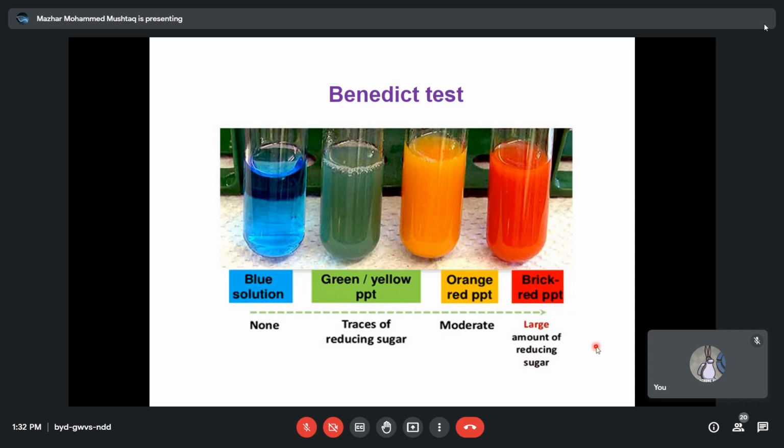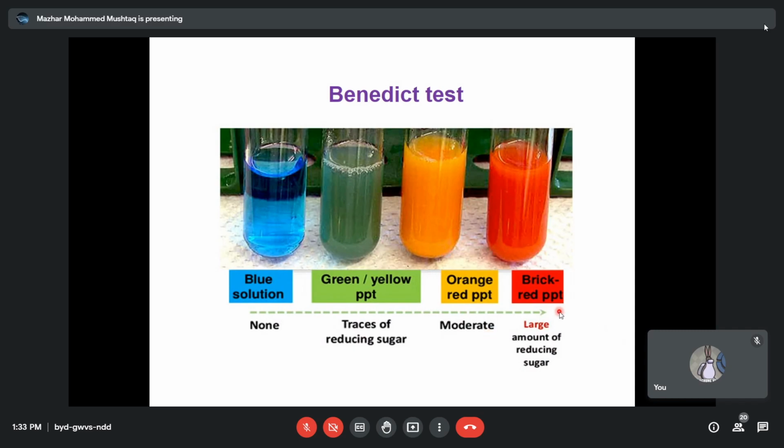So this is +3. You may have seen in some urine analysis reports that pluses are written in front of something, for example, glucose also. Sometimes they write plus, plus, plus, plus. If it is 1 plus, that means a very small amount of glucose is there in the urine. If it is 2 plus or 3 plus, you can have a somewhat increased amount of glucose present in the urine.